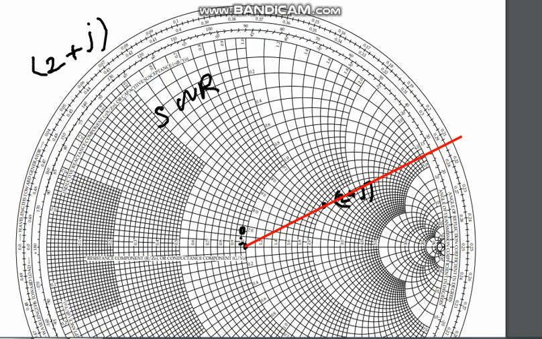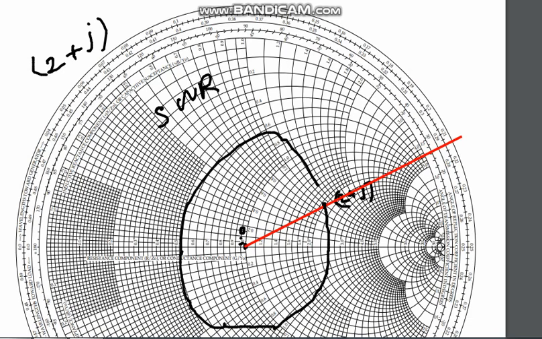After finding the straight line, what is going to happen? Now you have to draw a circle around it, taking the radius of it.